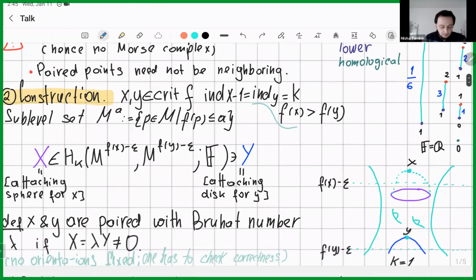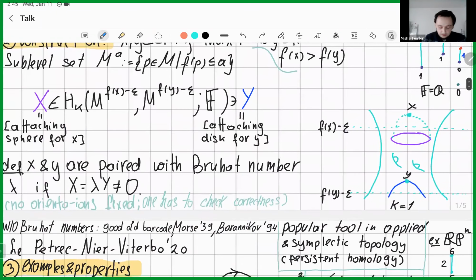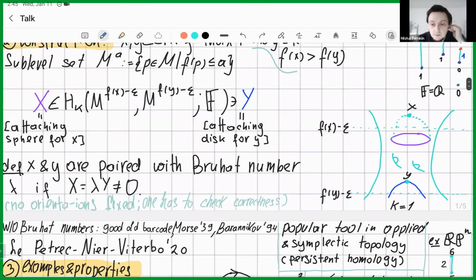Any questions on the first two parts before I move on to examples? Misha, you only consider the situation when you have a finite number of critical points.